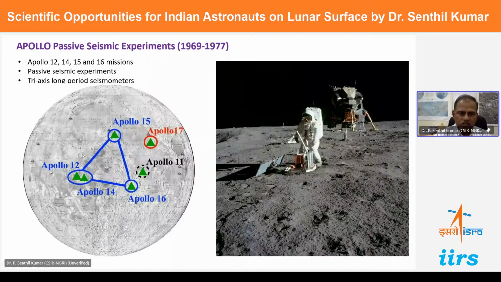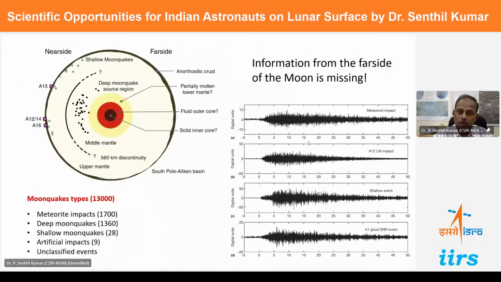Here the astronauts installed a seismometer on the surface of the moon, and they recorded many moonquakes, like deep moonquakes and shallow moonquakes, meteorite impacts, and also artificial impacts. Most of the observations are coming from the near side. We don't have observations from the far side. So Indian astronauts can install many seismometers on the far side as well and understand the seismicity better.